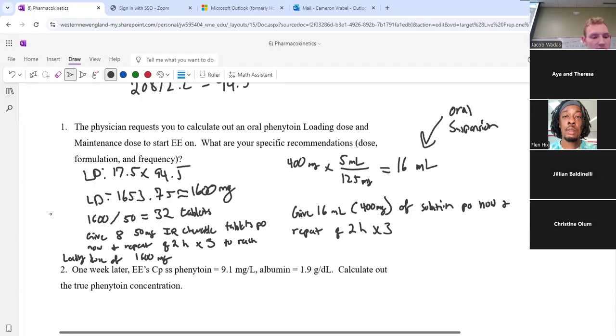This calculation here is for the IR tablets. So when he asks for an oral loading dose, you can do either one. It doesn't matter. You either do the IR chewable tablets or you do the solution. Either or, not both. You can choose. Good.